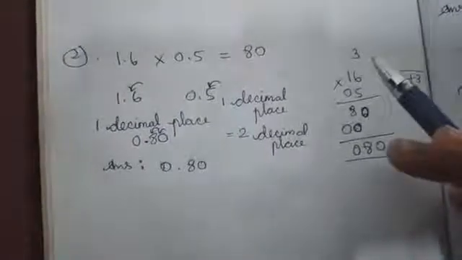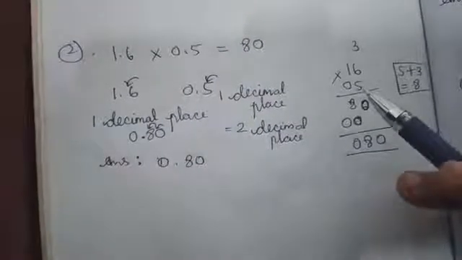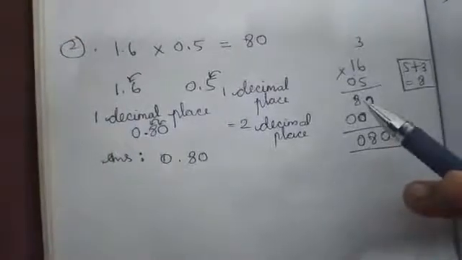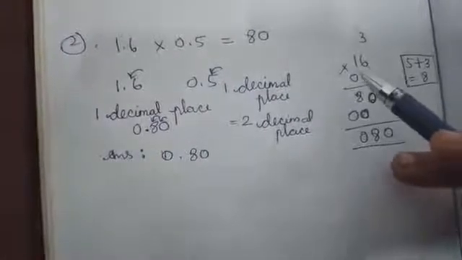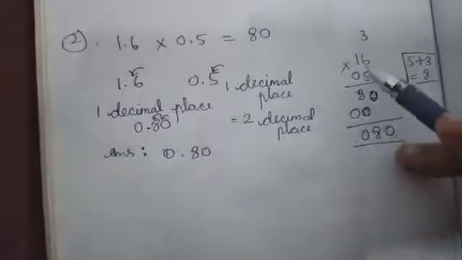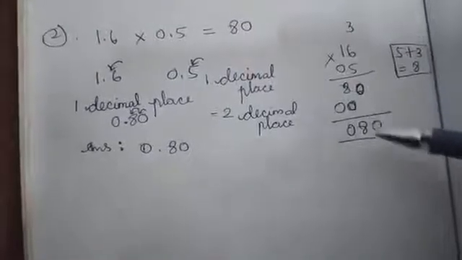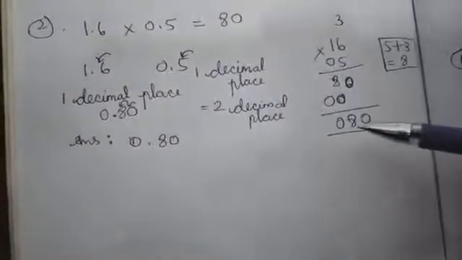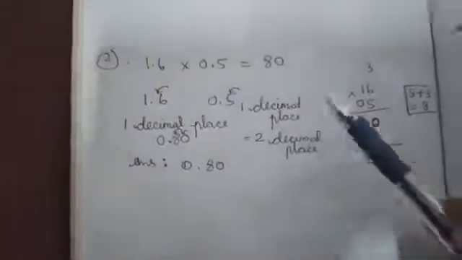Put 0, carry 3. 5 ones are 5, plus 3, we get 8. Now multiplying with 0, all the numbers will be 0: 0 into 6 is 0, 0 into 1 is 0. Now add it: 0 here, 8 plus 0 is 8, then bring the 0 down. We got 080, so the answer we have taken is 80.